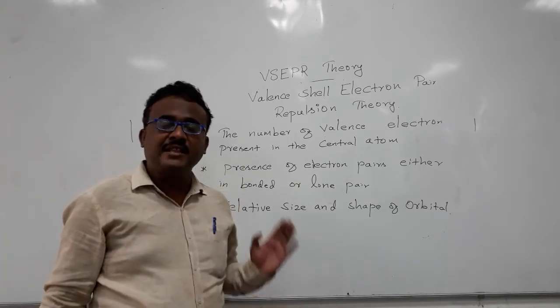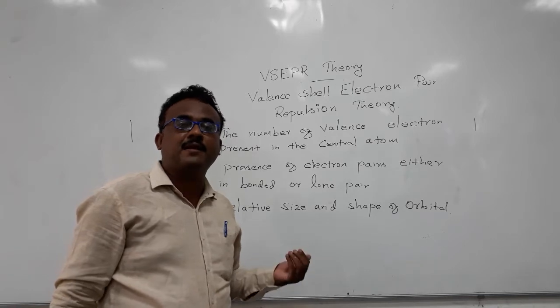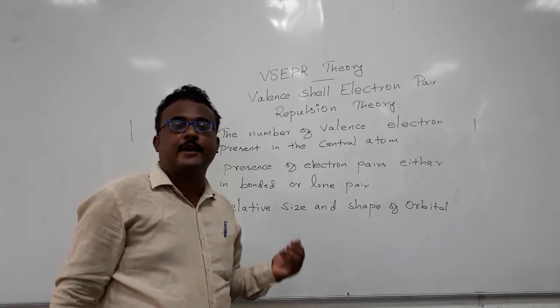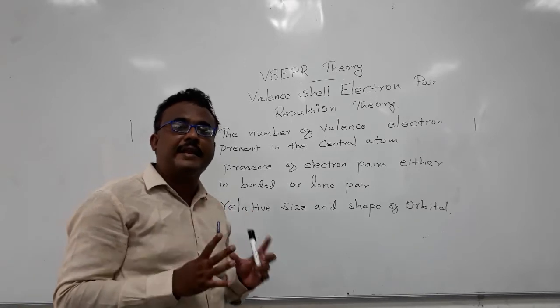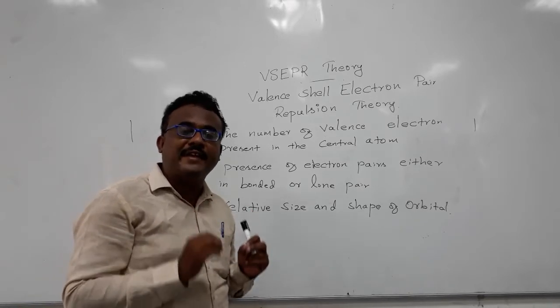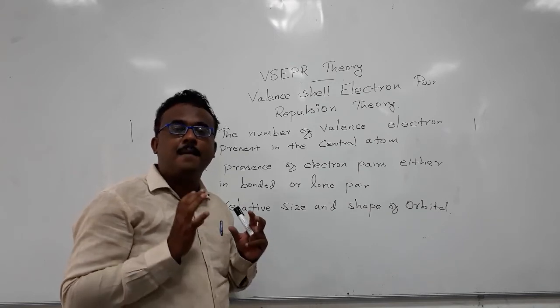To understand this theory more clearly, it can be explained by 5 different rules. If we understand these 5 rules very clearly, anyone has the ability to predict the shape of molecules.